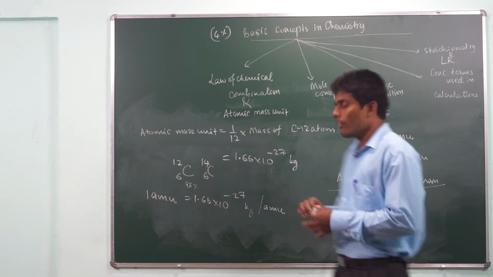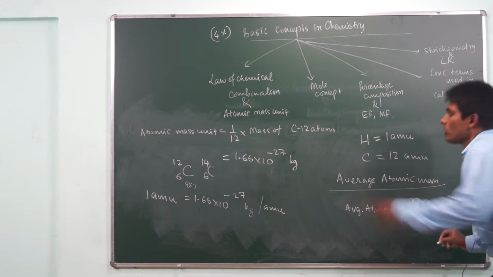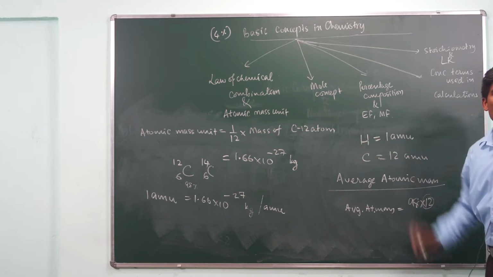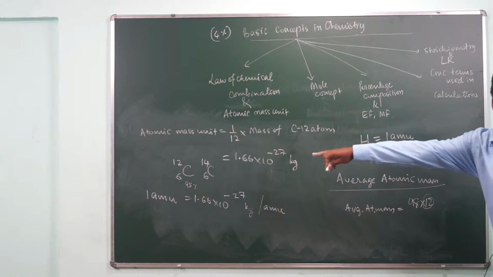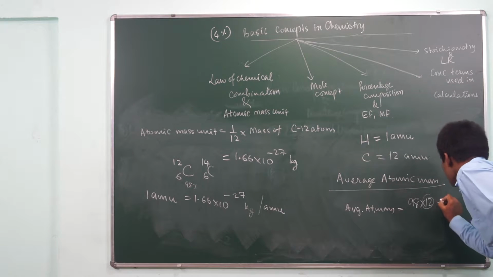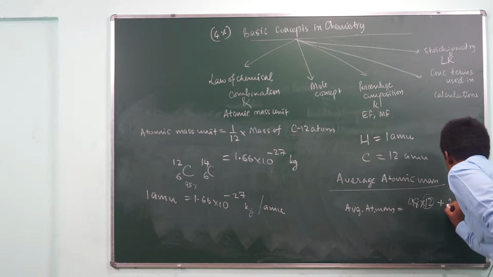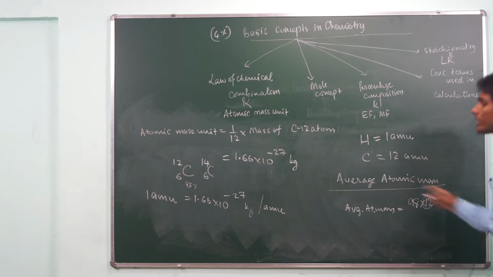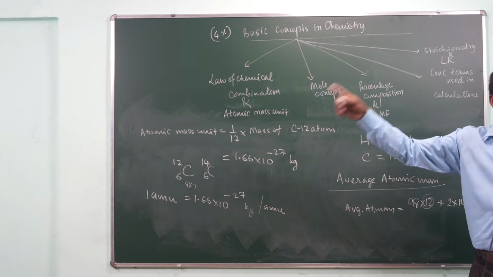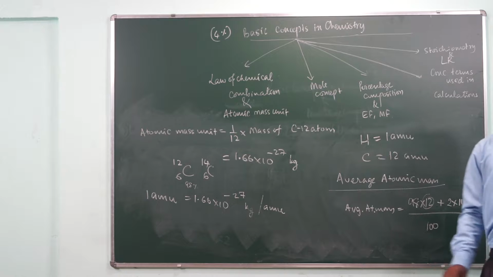That means I will just multiply 98 into 12. 12 is the mass of carbon and 98 is the percentage availability of that particular isotope in nature, plus, because it is an average, I am adding 2 into 14. 14 is the mass of C14 and 2 is its percentage availability in nature. Then we divide by 100. That is going to give me the average.